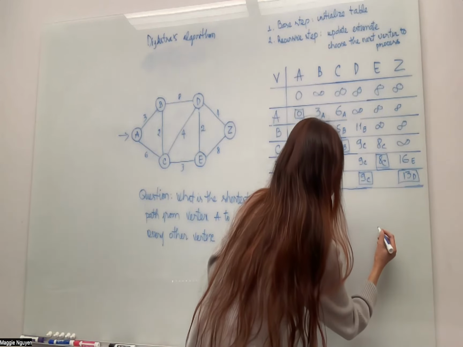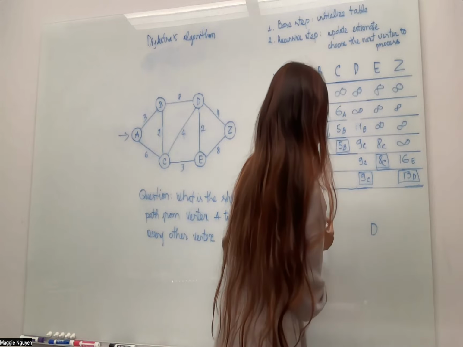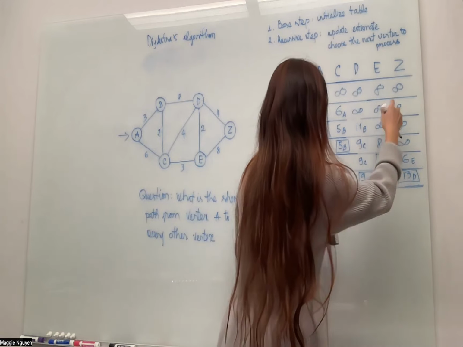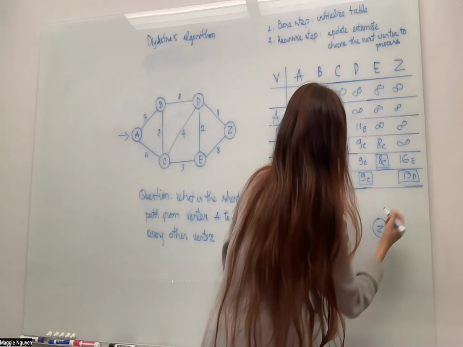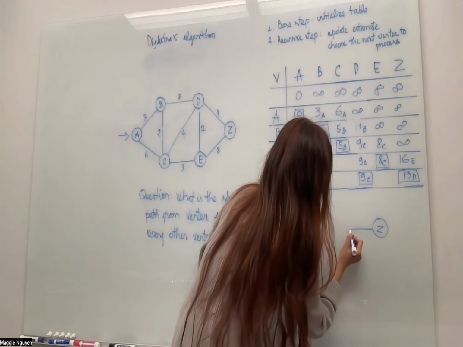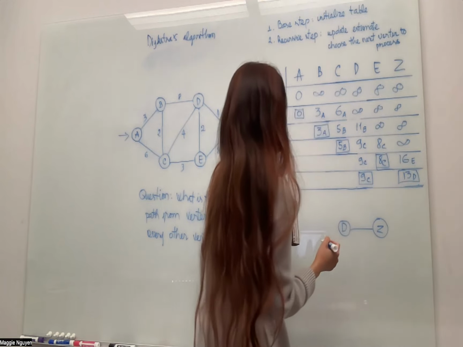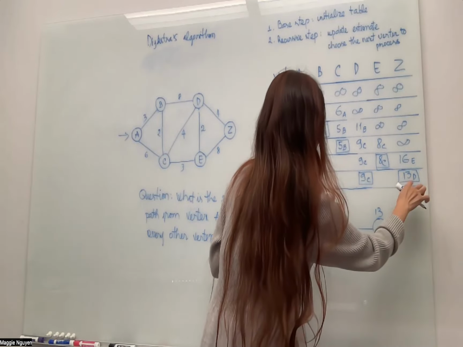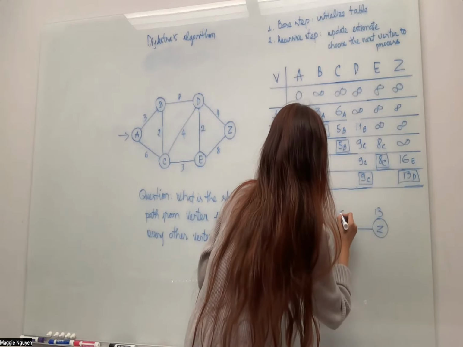So we trace back from Z. Z is from D. So we have D here, and we have Z 13. So we go back to D. D we have 9.